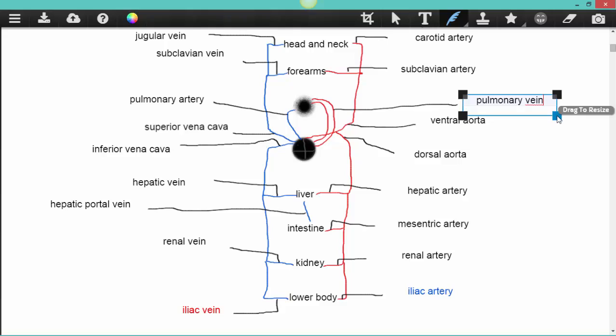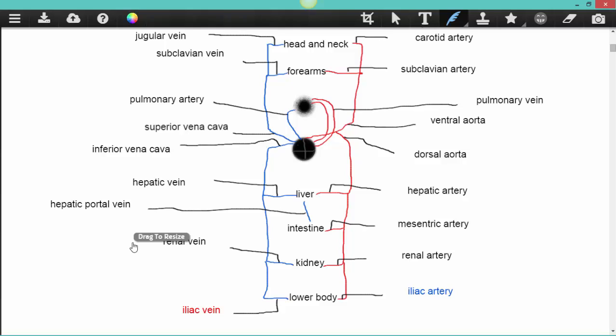Please don't get confused in the pulmonary artery and the pulmonary vein. This is a very common mistake that's made because everyone thinks veins are for deoxygenated blood and arteries are for oxygenated blood. It is quite true. That's how it is throughout the body. But this is an exception because arteries always carry blood away from the heart.